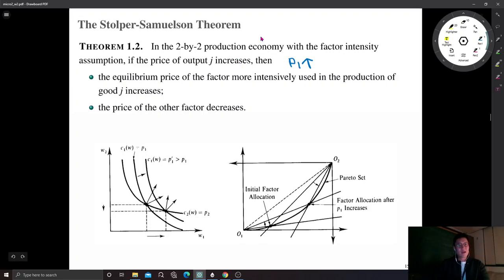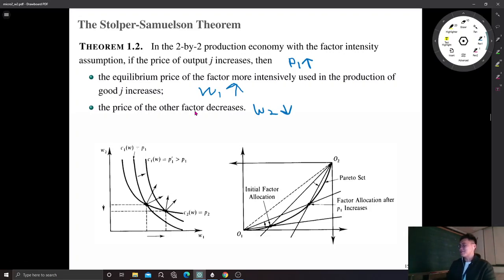First, the equilibrium price of the factor more intensively used in the production of good J, because now we consider good 1, so W sub 1, since the production of good 1 is more intensive in factor 1. So by the first statement, we know W sub 1 increases. And on the other hand, the price of the other factor, W sub 2, decreases.